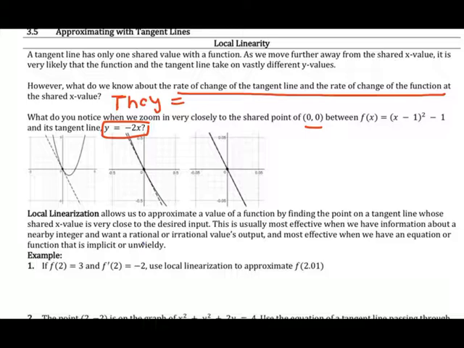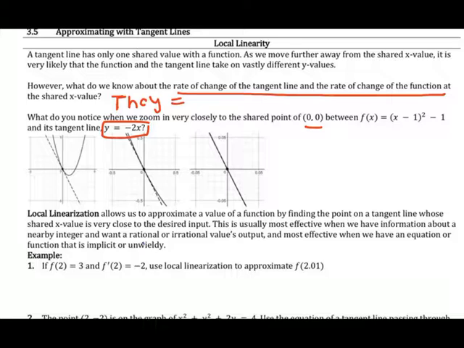Remember, the further we get away, the less good of an approximation that we're looking at. So we want to be choosing values that are close to 0 in this case to make this tangent line represent more than just one particular value.